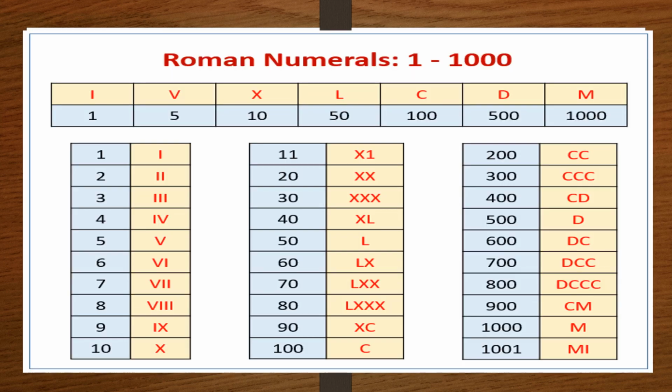Roman chart. Now you are familiar with these symbols. I is for 1, V for 5, X for 10, L for 50, C for 100, D for 500 and M for 1000.